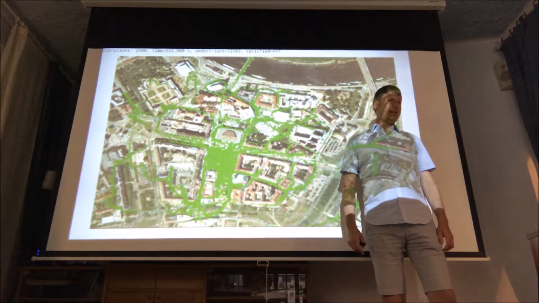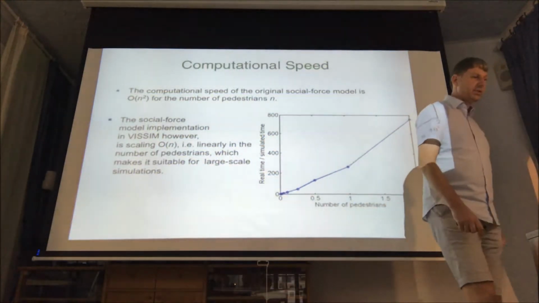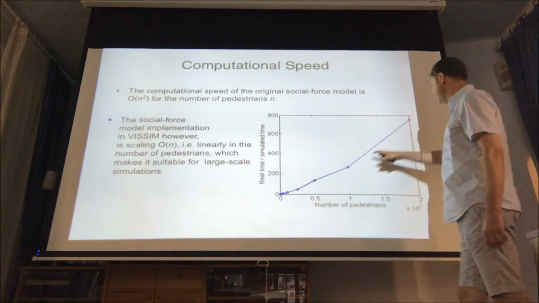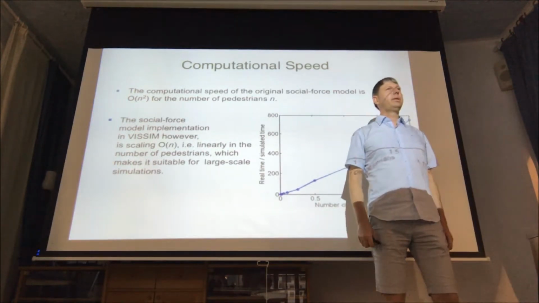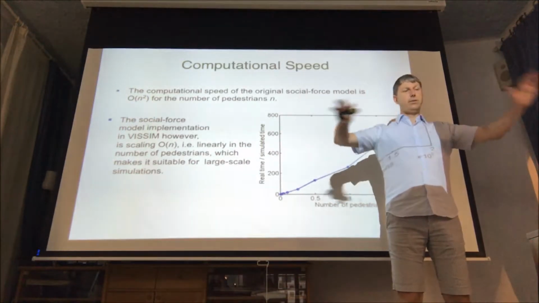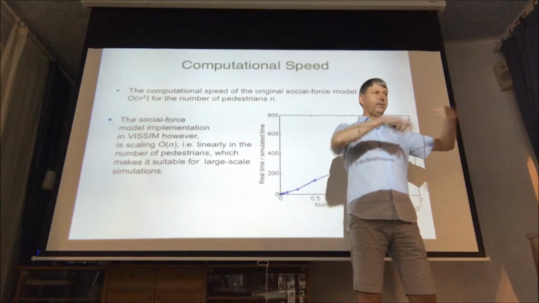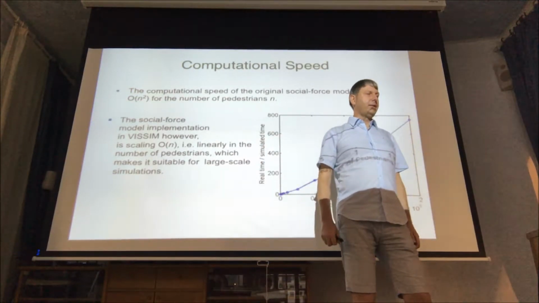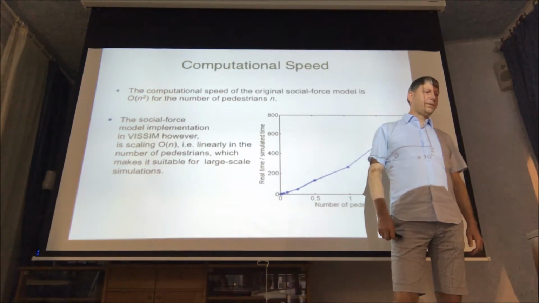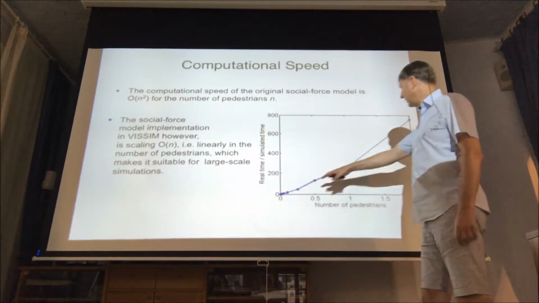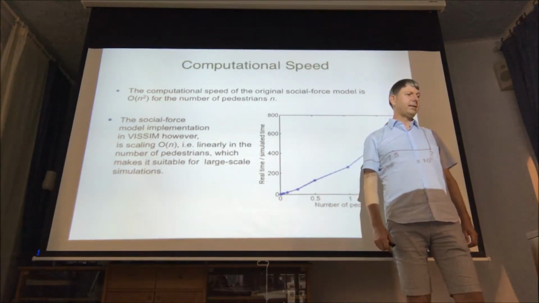And in the meantime, we can simulate many more people on a computer. So over here you can see how things scale. It's almost linear if you overlay a grid and only take into account pedestrians in the neighborhood and not pedestrians in any arbitrary place. Because otherwise we would have a square dependence, and then things would slow down dramatically.